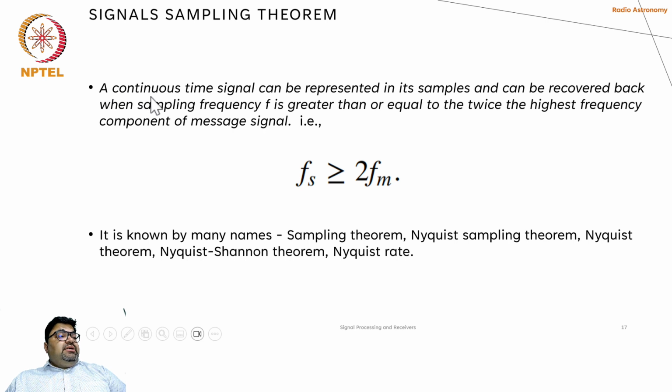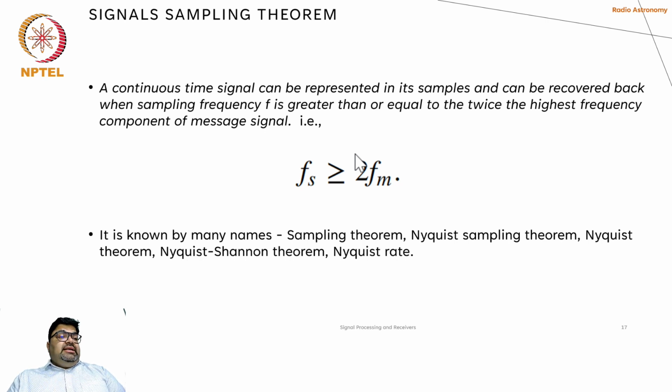A continuous time signal can be represented by its samples and can be recovered back when the sampling frequency fs is greater than or equal to twice the highest frequency component of the message signal. This is a very powerful theorem. What it says is we are discretizing the signal.